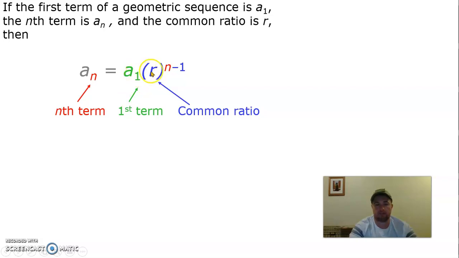We have our ratio, they either give that to us or we have to find it. And then the n minus 1. And remember, it's always n minus 1, because if I have my first term, I'm making one less move. So if I have my first term and I need my 8th term, I only have to move 7 times to get to 8. 1 plus 7 is 8.